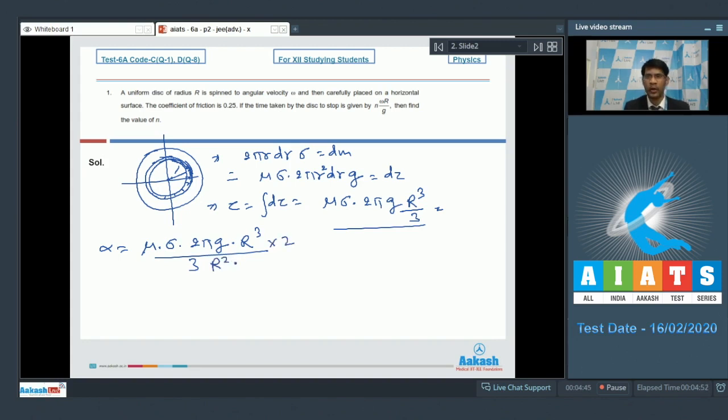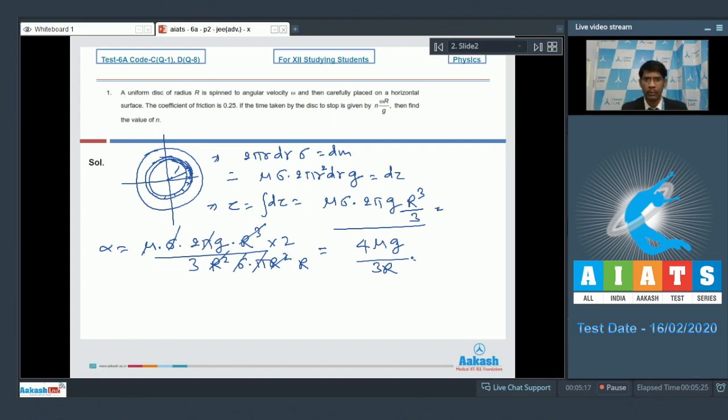And what about the value of m here? It is sigma into pi r square. So have this calculation, and we'll be getting this value: this pi will cancel out and the sigma will cancel out. We remain with 1 r here, so it will be 4 mu g divided by 3r. This is the value of angular retardation.